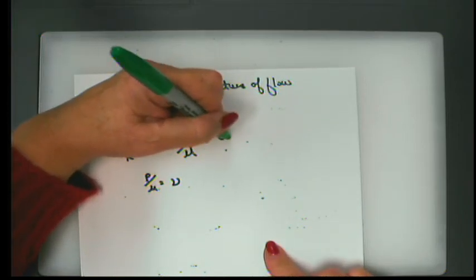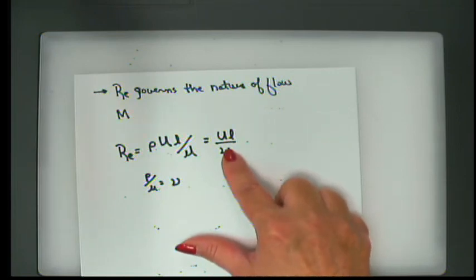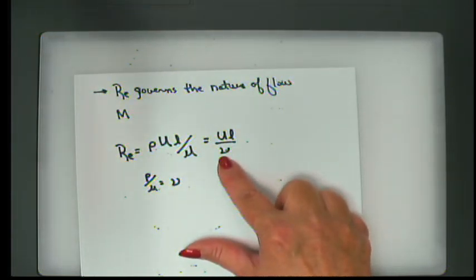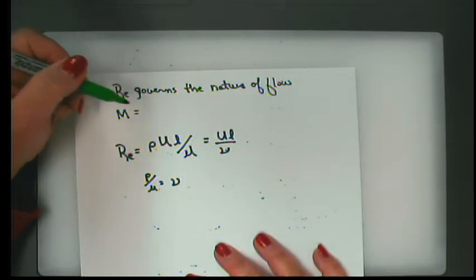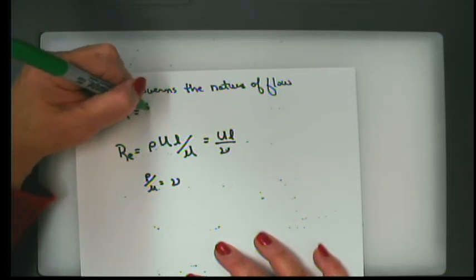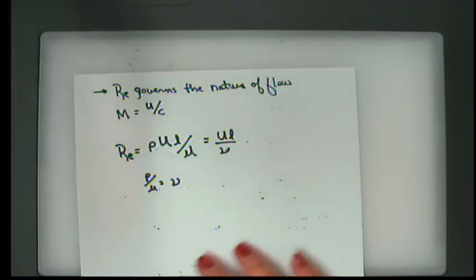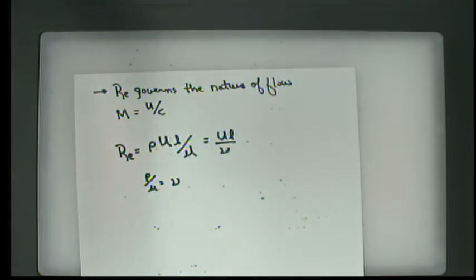So we can simplify that equation just a little bit. And we can say velocity times characteristic length over kinematic viscosity is an expression for the Reynolds number. And Mach number is just equal to the speed over the speed of sound. Not the speed of light, I wish to mention, but the speed of sound.